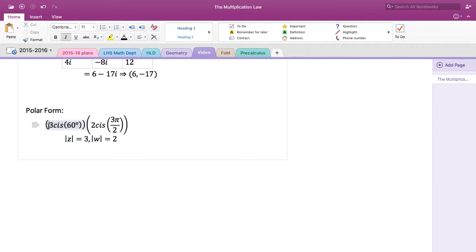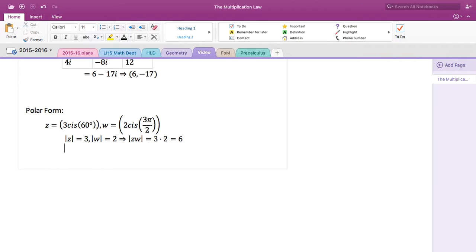Therefore, the magnitude of zw should be 3 times 2, which is 6.